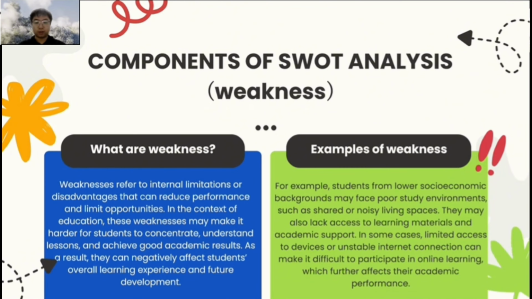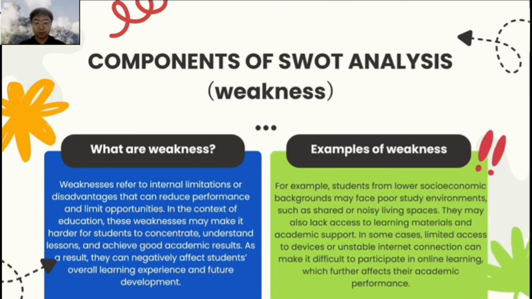Now let's move to weaknesses. One weakness of this topic is that it is broad. There are many factors involved, so it can be difficult to discuss in a focused way. For example, socioeconomic status includes income, parents' education, occupation, and living conditions.